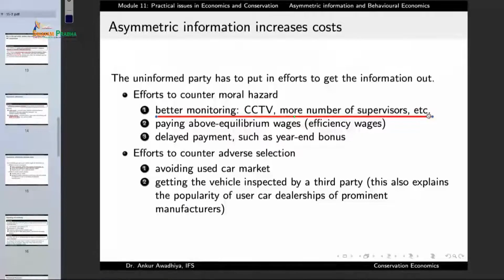Now, supervisors is something that we had not considered when we were looking at the microeconomics of the firm, because we just said that one person is giving out so much output, and so many people must be hired. But to address the point that the person might not be working to their fullest or might be engaging in undesirable behavior, the employer might have to install a CCTV camera.